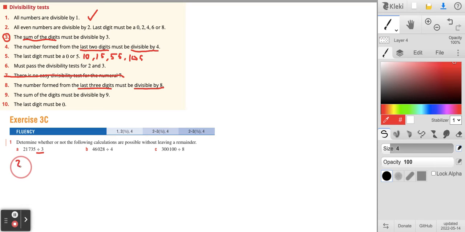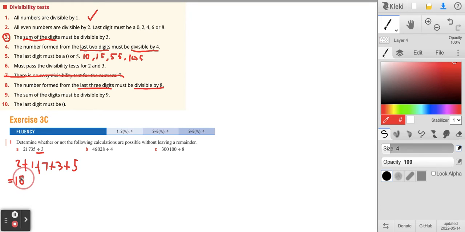So I've got 21,735. I'll do 2 plus 1 plus 7 plus 3 plus 5. So I'm adding all my numbers together. 2 plus 1 is 3. 3 plus 7 is 10. 10 plus 3 is 13. 13 plus 5 equals 18.